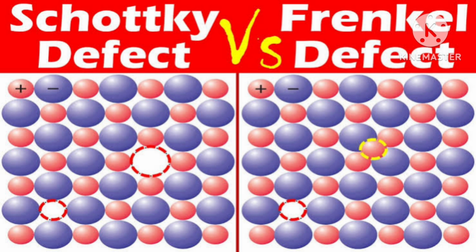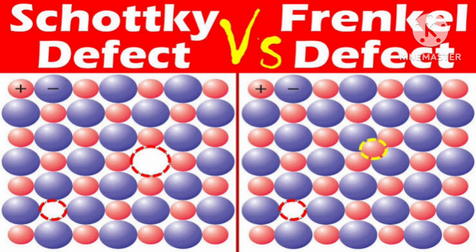Suppose NaCl is the main, and molten NaCl contains a little amount of strontium chloride, SrCl2. If it is crystallized, some of the sites of sodium ions are occupied by strontium ion, Sr2 plus.